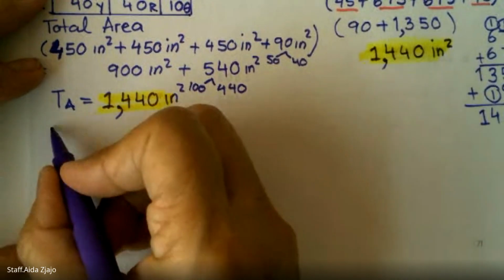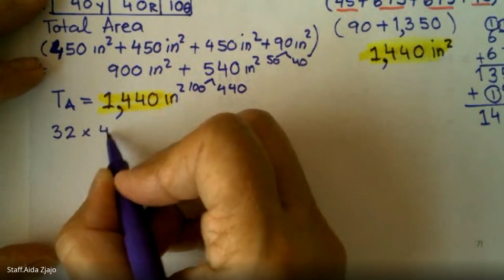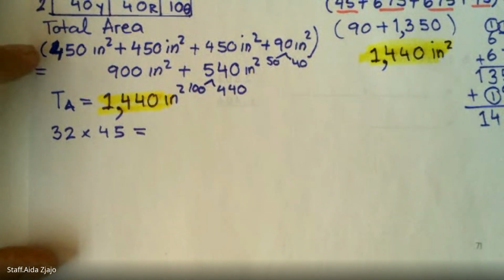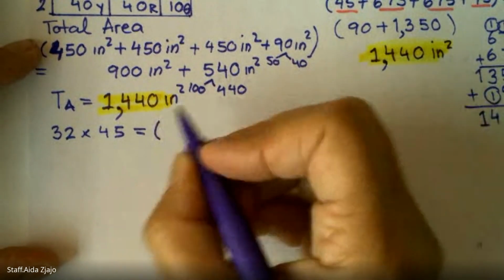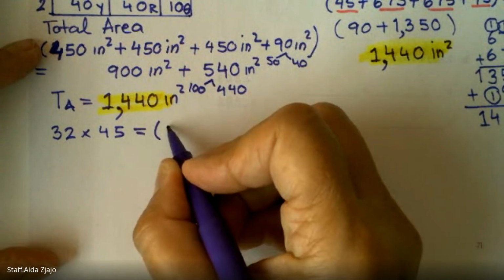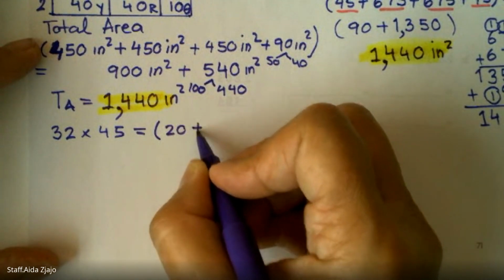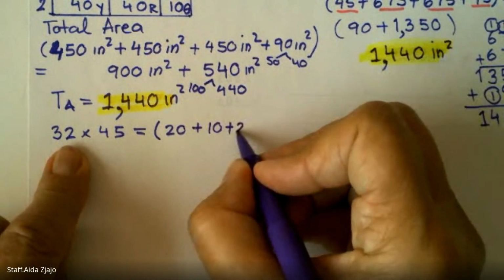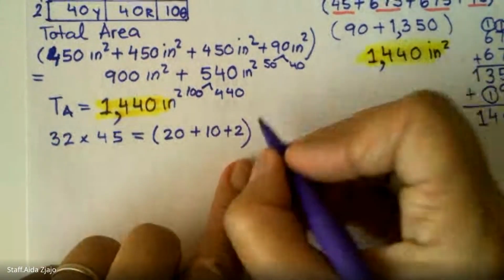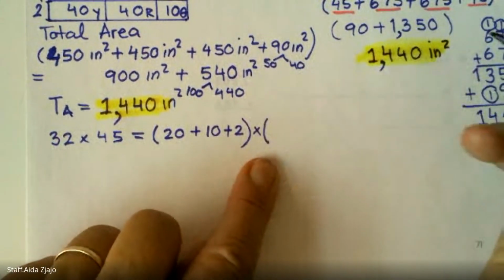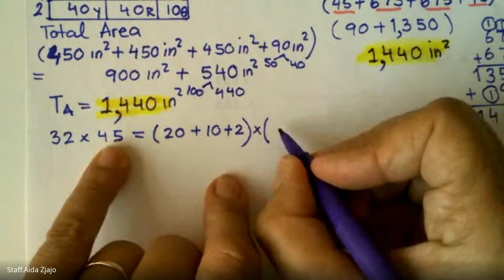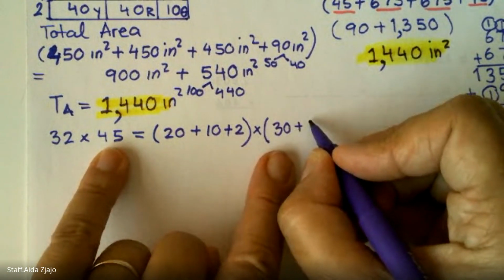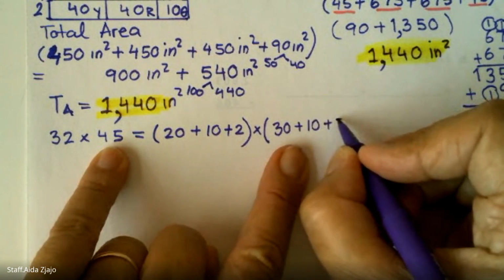If this is 32 times 45, I can decompose this to be like 20 plus 10 plus 2. And then I can also multiply, have that 30 plus 10 plus 5.